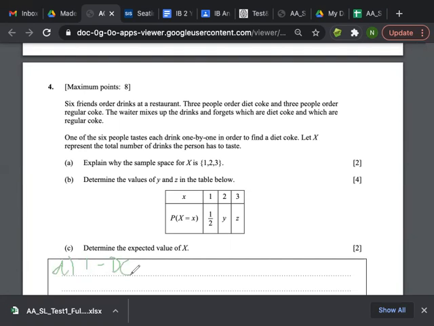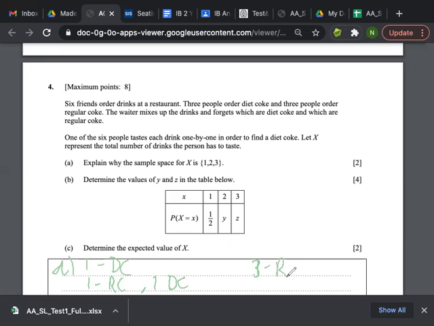Okay, so then I could try another. Regular Coke, and then what happens? Okay, and then I get Diet Coke. What's another situation that could happen? Regular. I could get all regular. Right. But if I get 3 regular, what does that tell me?